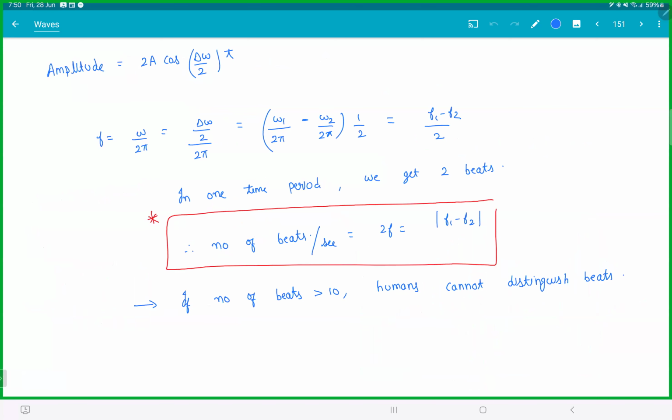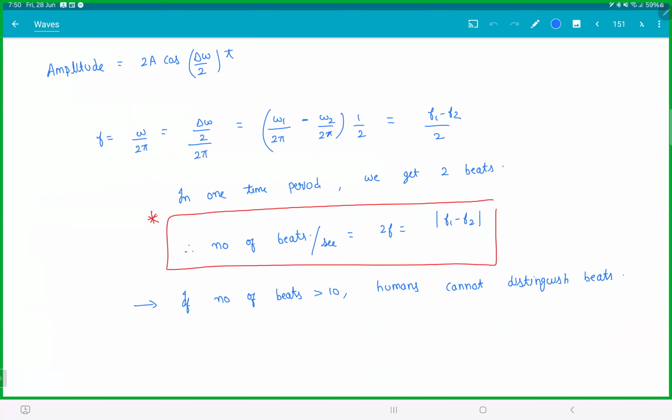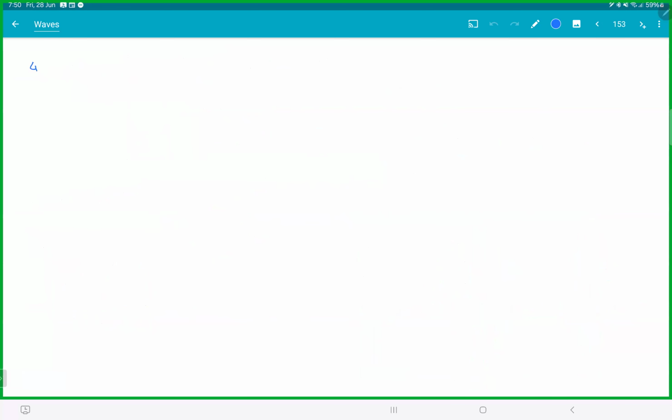Great. So let's see one question. We have a tuning fork here, FA, which is 500 hertz. We have a second tuning fork, FB, whose frequency I don't know. Initially, A and B produce 4 beats.